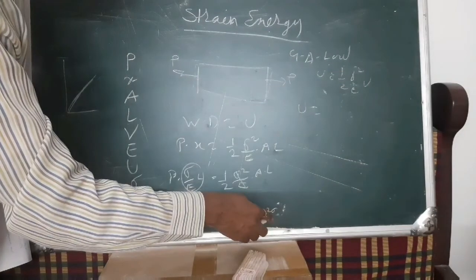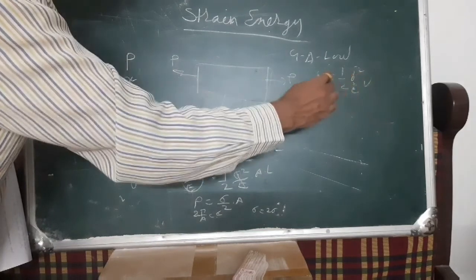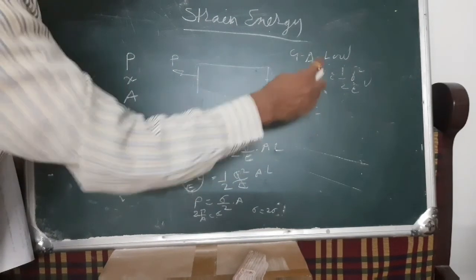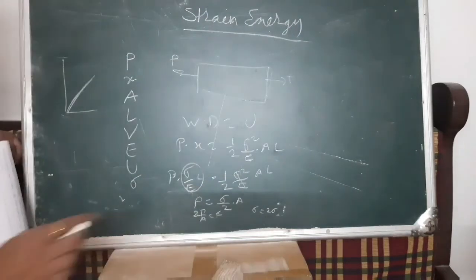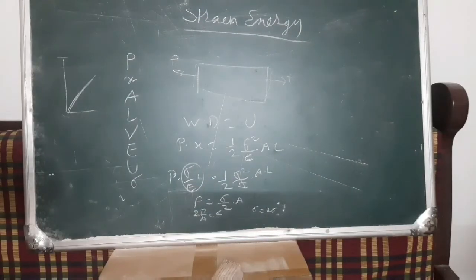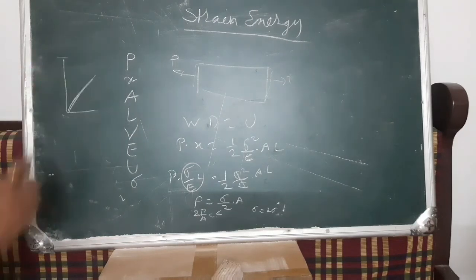So whatever value we get for the strain energy will be twice in this case. So this is a simple example for a gradually applied load and a suddenly applied load.